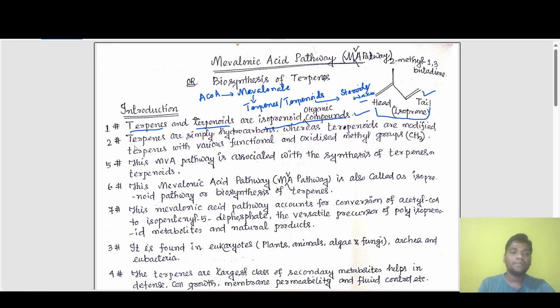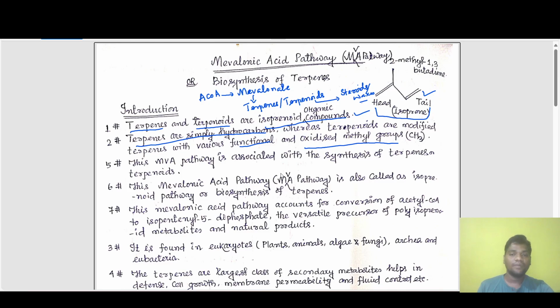The terpenes are hydrocarbons, and the terpenoids are derivatives of terpene, produced by chemical modifications in the structure, maybe addition of a different type of functional group, or a methyl group, that is CH3. That is how the terpenoids are generated from the terpenes.